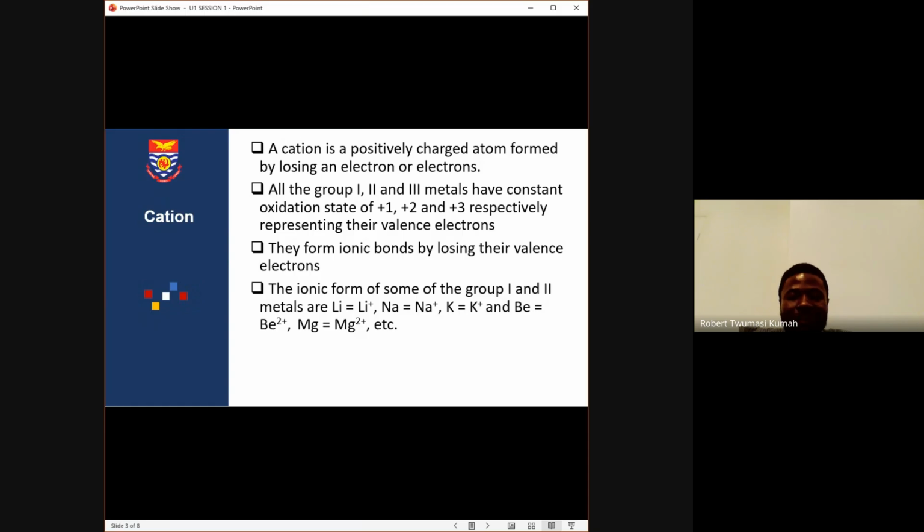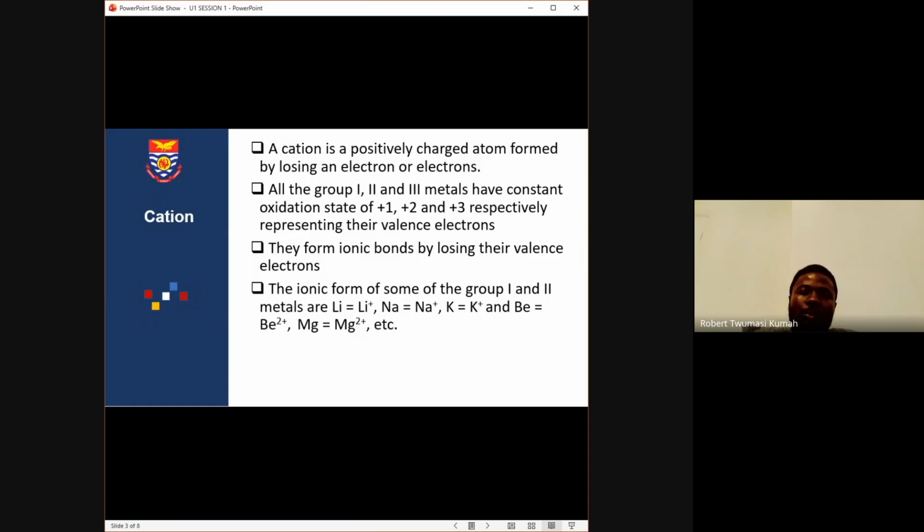The potassium atom also has just one electron in it. For it to gain 7 to make it stable is too much work, and it is easier for it to lose than to gain. So those that do not have up to 4 would prefer to lose the electrons. And whenever it loses, it becomes a cation.